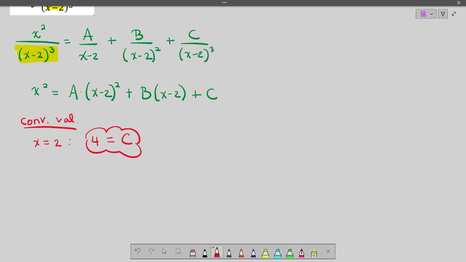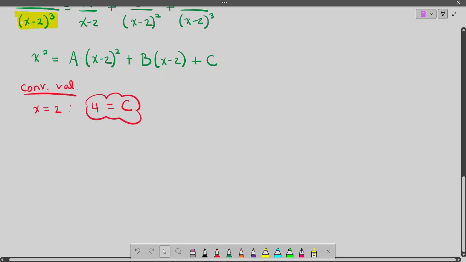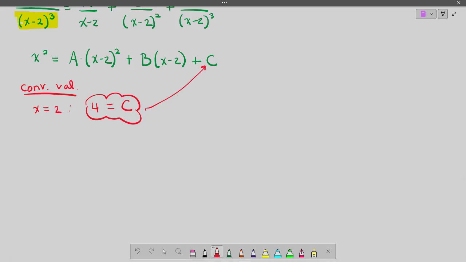So here's what we're going to do. We are going to plug this back in, right there. Plug it back in, and when we plug it back in, we are going to then move it to the left. The only thing on the right should be stuff with unknowns.